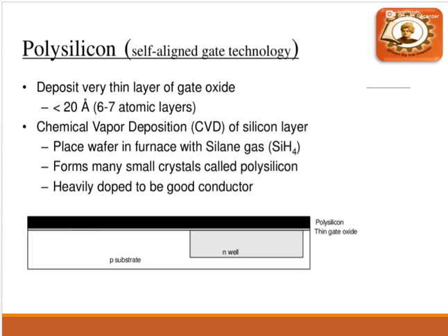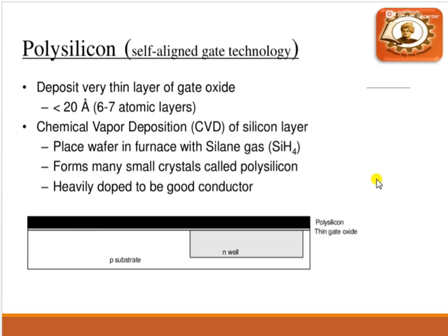So the next step is to form our gate material. Here the gate material is nothing but polysilicon. This polysilicon is deposited on our substrate by a process called chemical vapor deposition on the silicon surface.